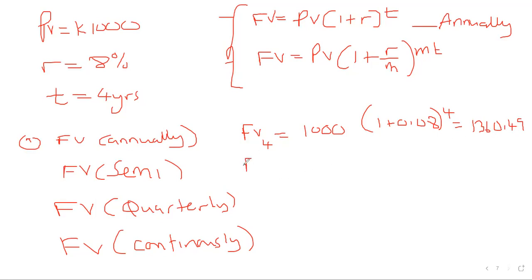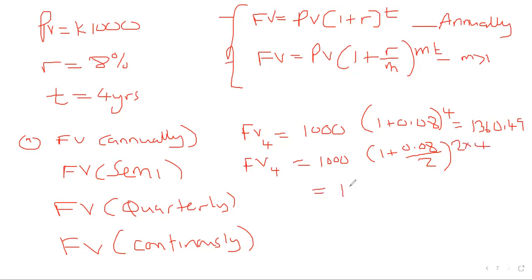Suppose you're compounding semi-annually, it's the same 4 years, but now the formula that we're going to use is this one here, because we are compounding more than once. So here we're going to have 1,000 times (1 + r/m). Our r is 8%, but the m, how many times are we compounding? Semi means 2. So we're going to divide by 2, and the 2 we're going to multiply by the time there.